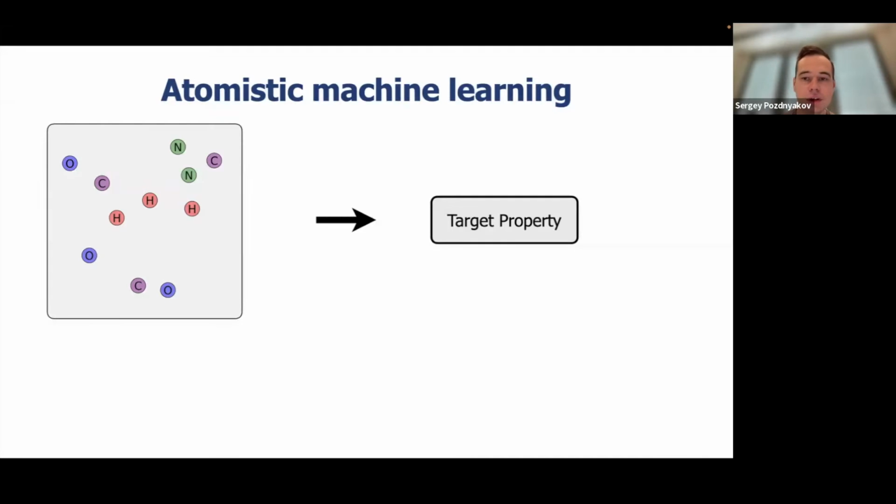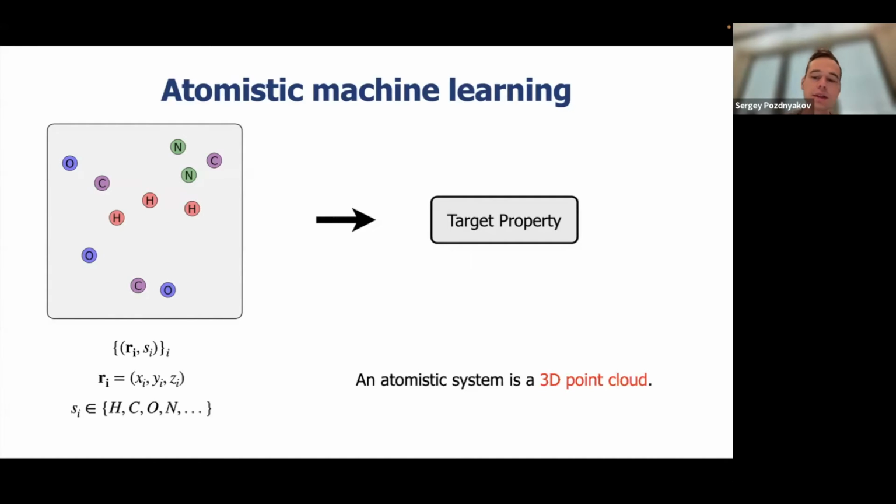So atomistic machine learning stands for predicting, more precisely for constructing machine learning techniques to predict various properties of molecules and materials. And it is really important that the structure of the input object is a decorated 3D point cloud.